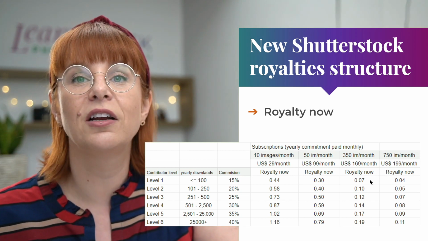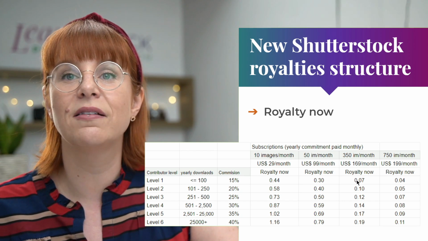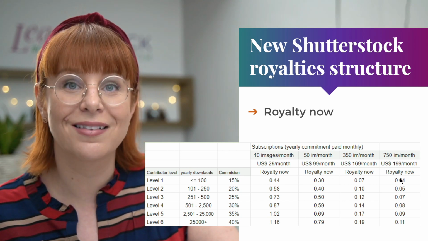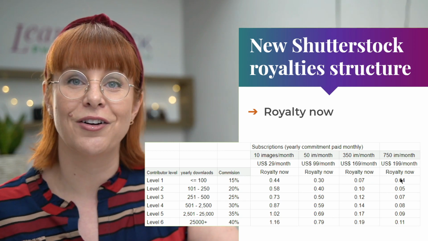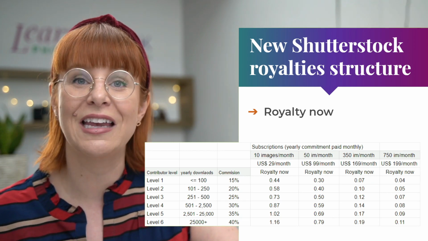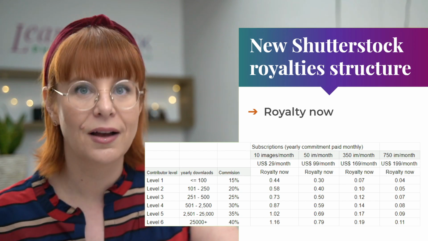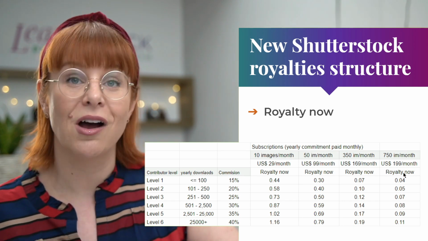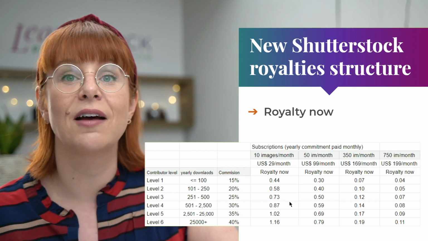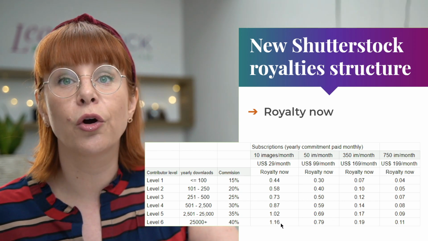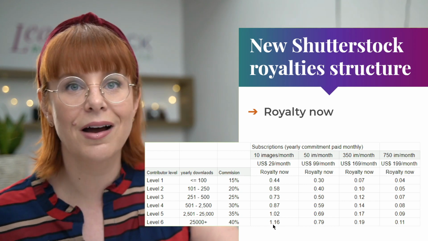Here I did a little bit of the calculation. Someone at level 1 who makes a sale from a 750-images-a-month subscription would earn as little as 4 cents. All right, that's not cool. But someone at level 4, for example, who makes a sale on a 10-images-a-month subscription would earn $1.16. That's a lot higher.